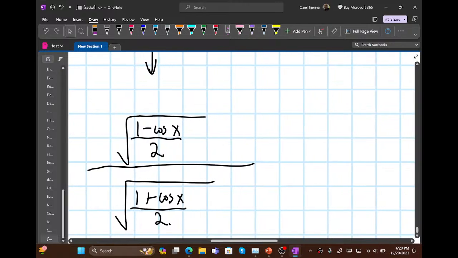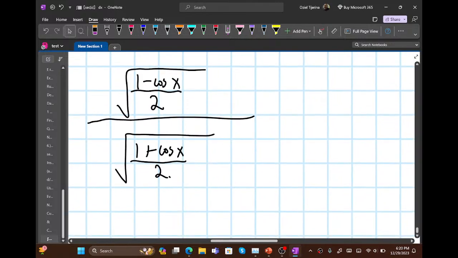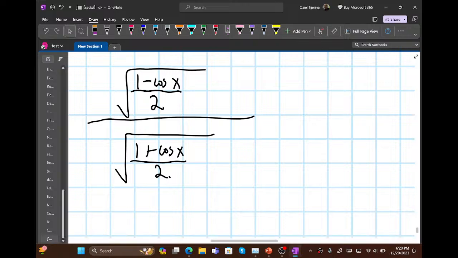Disk and washer method, I understand it once they give me an example or they tell me to use that method, but no, I don't do that stuff on my YouTube channel because it's really difficult to explain since I really struggled with that in Cal 2. Yeah, I hated that entire chapter.